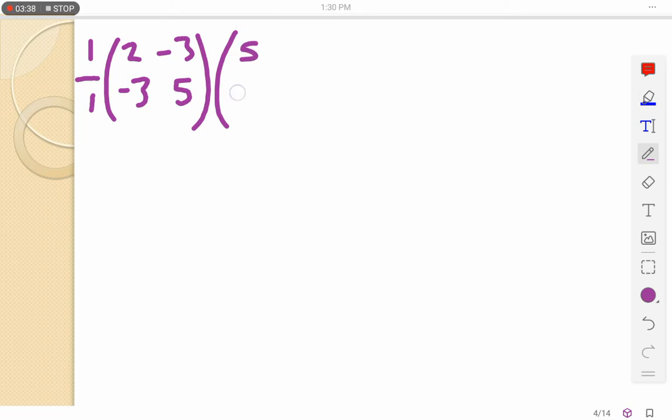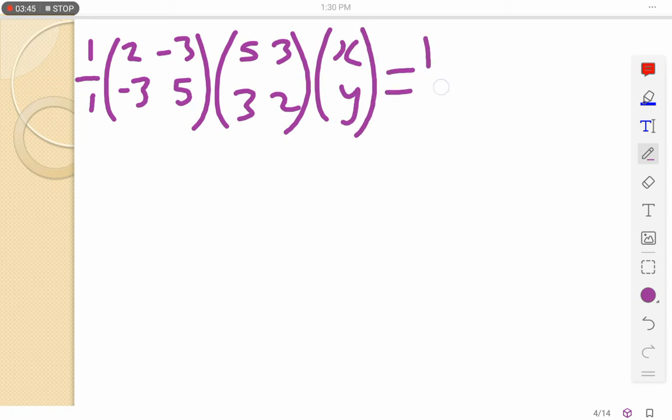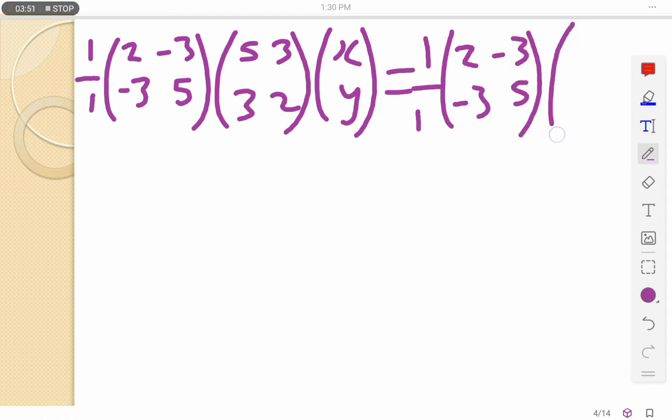So we have 1 over 1 times 2, minus 3, minus 3, 5, multiplied by our matrix 5, 3, 3, 2, multiplying x, y, is equal to 1 over 1, our inverse 2, minus 3, minus 3, 5, and our 3, minus 1.